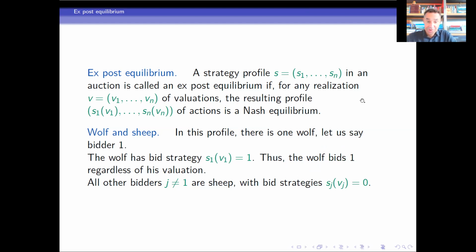And all the other ones are sheep, so they bid 0, regardless of their valuation.